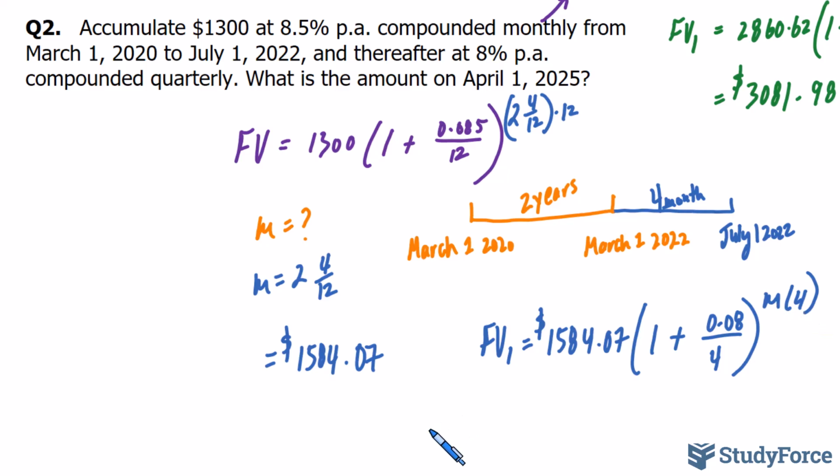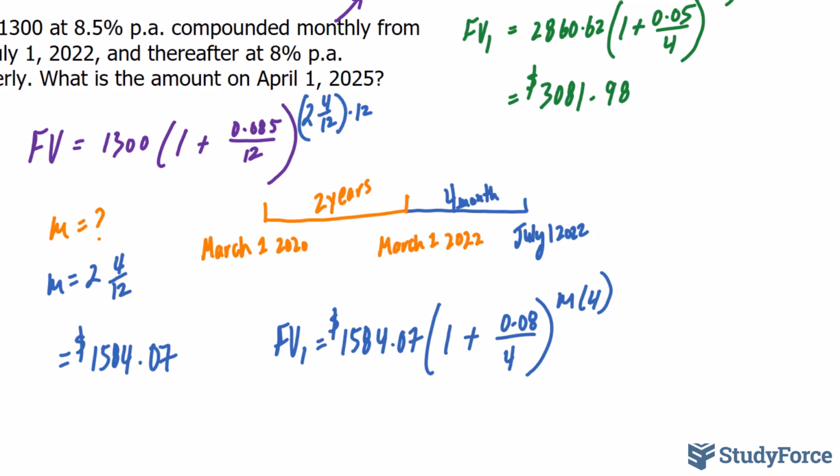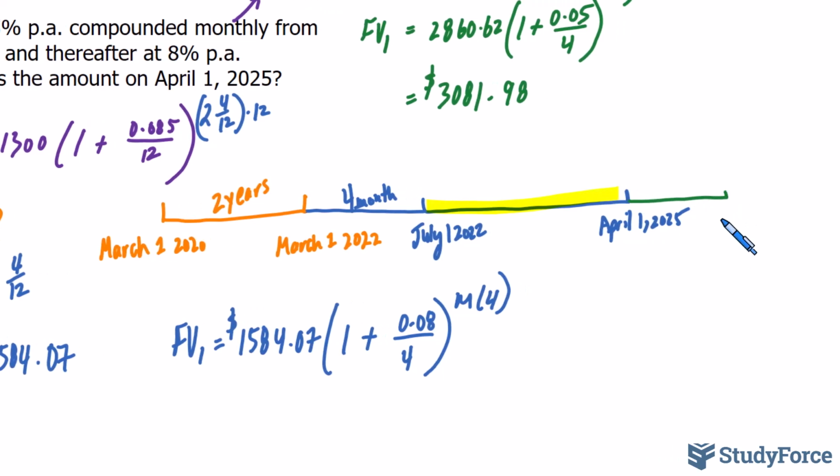Now we need to find m again. Let's continue our timeline. We have from July 1st all the way to April 1st. To find this duration, I'm going to extend my timeline just a little bit so that it extends to July 1st, 2025, which is only a few months after April. If that were the case, then it would be 3 years from here to here. But it's not. So next we can find out the months that pass from April 1st to July 1st.